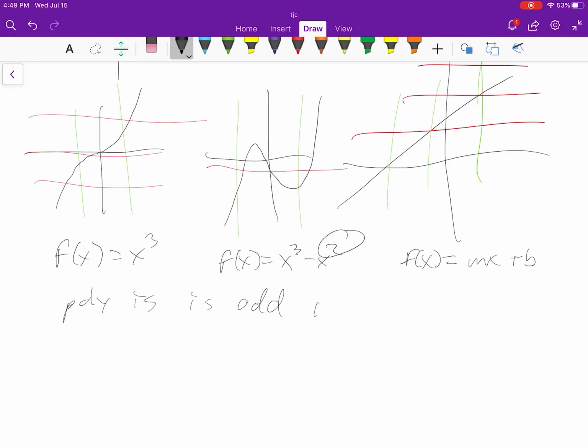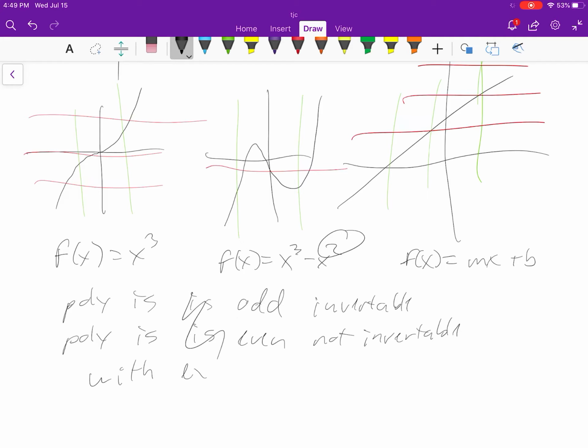If your polynomial is odd, then it's invertible. If your polynomial is even, it's not, with the exception of a constant.